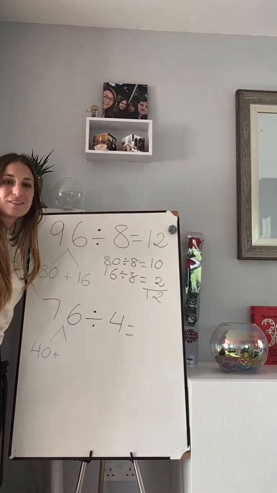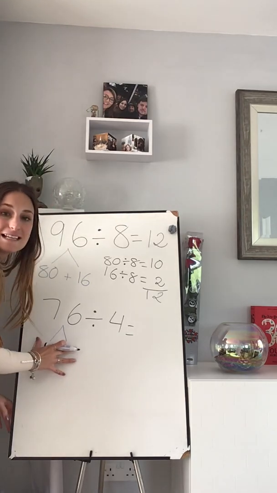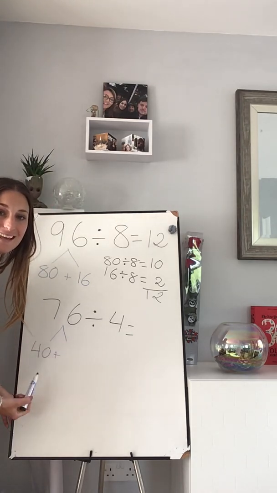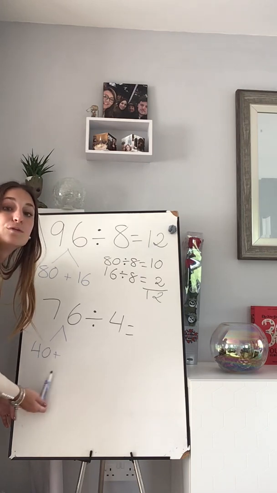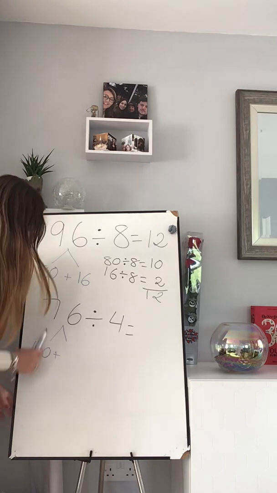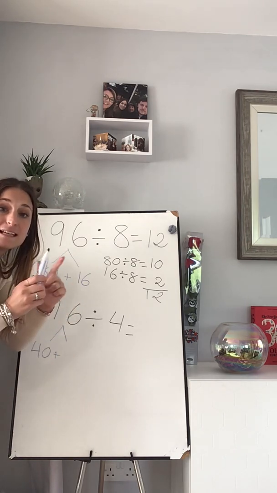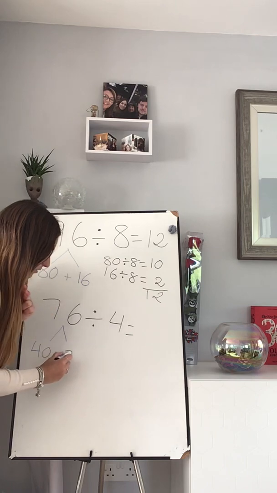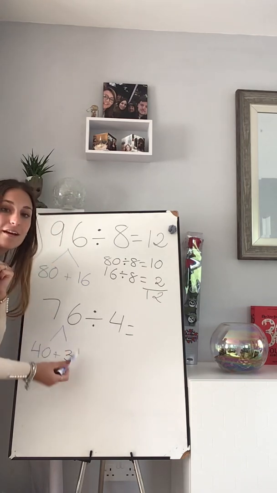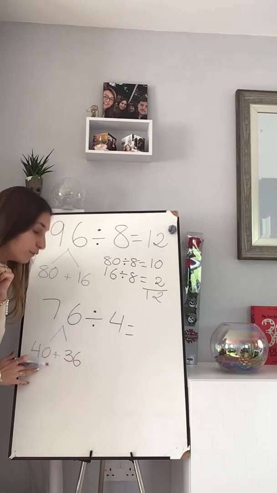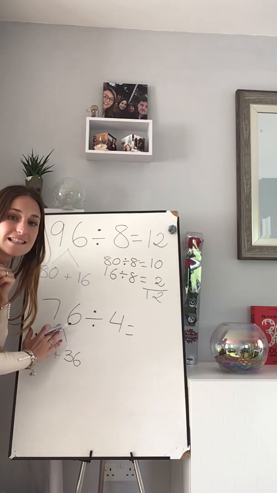Okay? Right. 76 divided by 4. We said it is divided by 4, so the first number I'm going to use is 40. How many tens do you need? 40, 50, 60, 70. You will need 30 what? 36. 40 and 36 is 76.